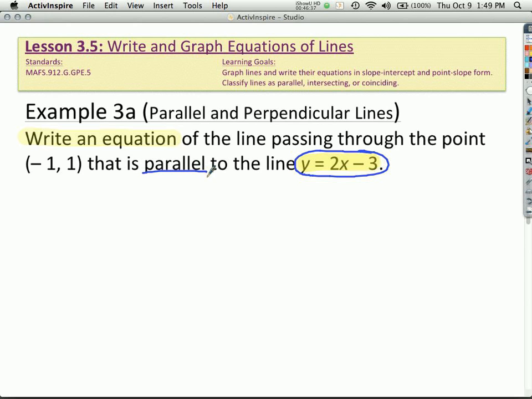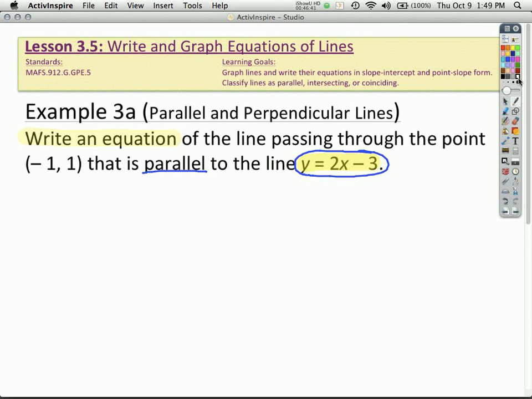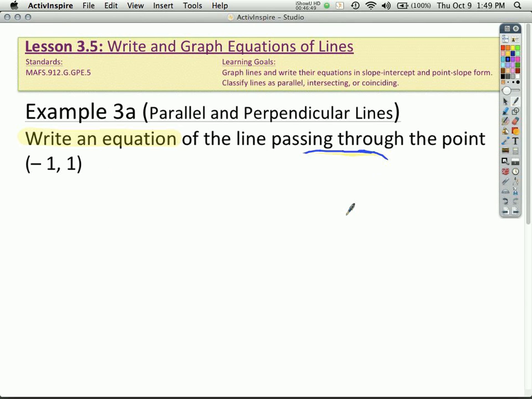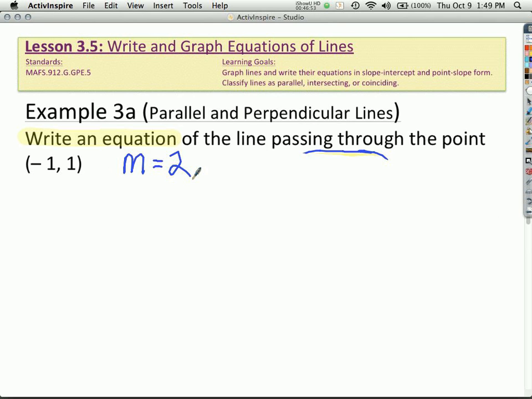And so really what we are being asked to do is this. This is a very fancy way of saying write an equation of a line passing through point (-1, 1) when m is 2. That's really what that says.